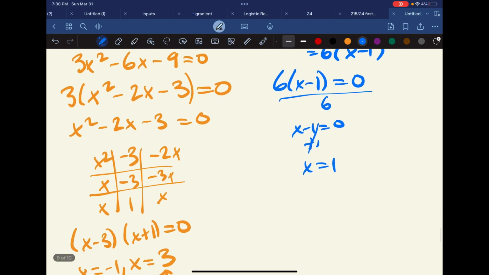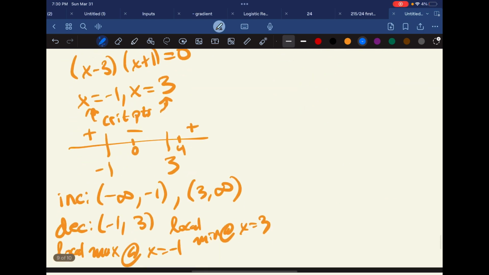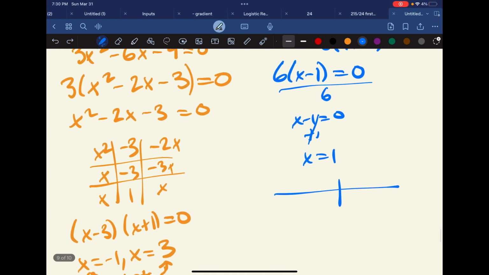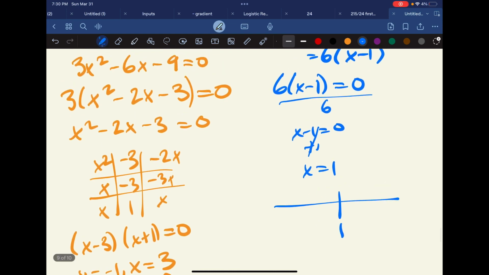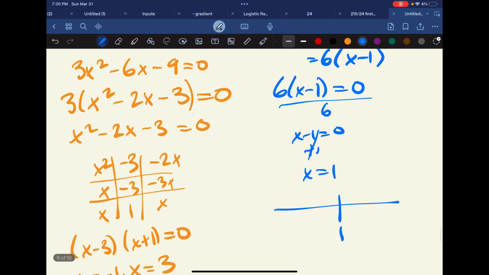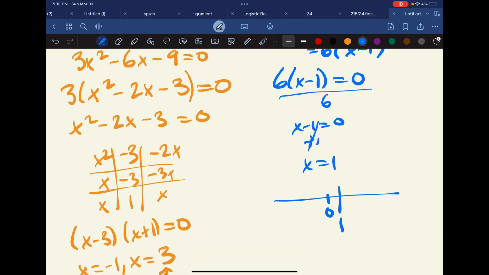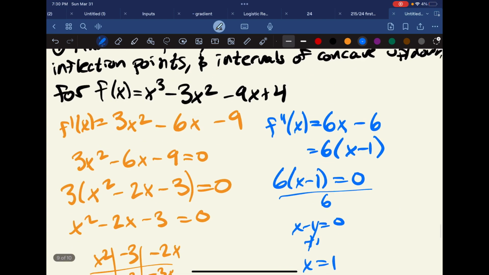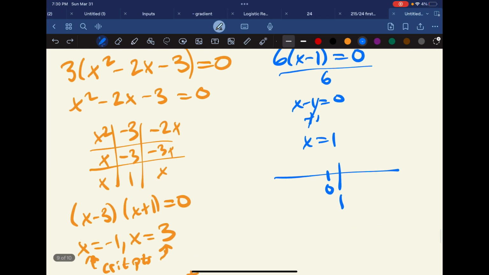So we're going to make a sign chart with that. It's pretty much the exact same way as we did with our first derivative. It's just a little bit easier because we don't have to factor anything when we've only got one point. So to the left, let's say we plug in 0. If we plug in 0, we get a negative here, and that 6 is always positive, so that's going to be negative.